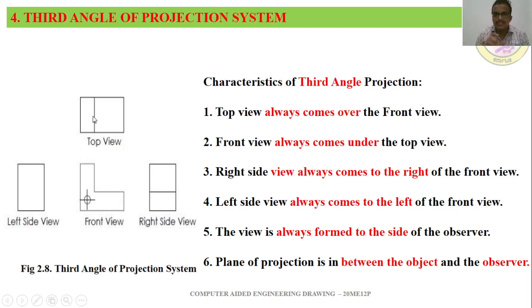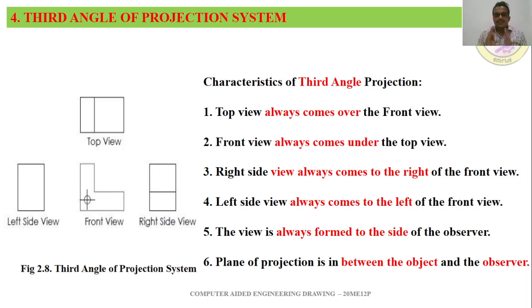Here you can see the first characteristic of third angle projection: top view always comes over the front view. So front view ನಿಮಗೆ ಇಲ್ಲಿ ಕಾಣಿಸ್ತಾ ಇದೆ, but the top view is always on the top of the front view. Front view always comes under the top view. Front view ಎಲ್ಲಿರುತ್ತೆ ಅಂದ್ರೆ ಟಾಪ್ ವ್ಯೂ ನ ಕೆಳಗಡೆ ಇರುತ್ತೆ. ವಿ ಆರ್ ಜಸ್ಟ್ ಕಾಂಟ್ರಾಕ್ಟರ್ ಆಗಿ ನಾವು ಅದನ್ನೇ ಉಲ್ಟಾ telling in the opposite direction. ಟಾಪ್ ವ್ಯೂ ಕೆಳಗಡೆ ಫ್ರಂಟ್ ವ್ಯೂ ಇರುತ್ತೆ, ಅಥವಾ ಫ್ರಂಟ್ ವ್ಯೂ ಮೇಲ್ಗಡೆ ಟಾಪ್ ವ್ಯೂ ಇರುತ್ತೆ.